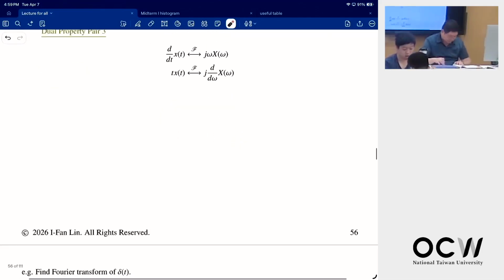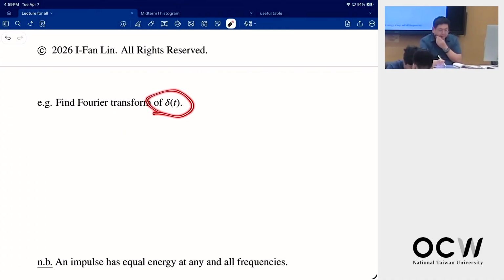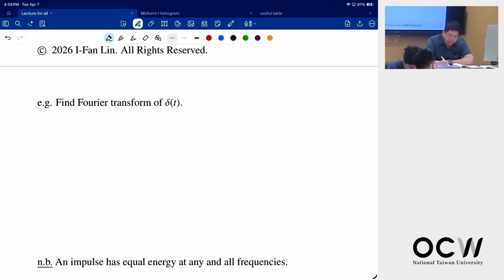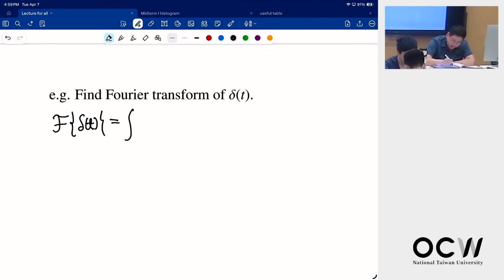Okay, next, let's find the Fourier transform of the delta function, because we will use this a lot later. Let's see what we have. If I take the Fourier transform, e to the minus j omega t, but only when t equals 0 we have values.